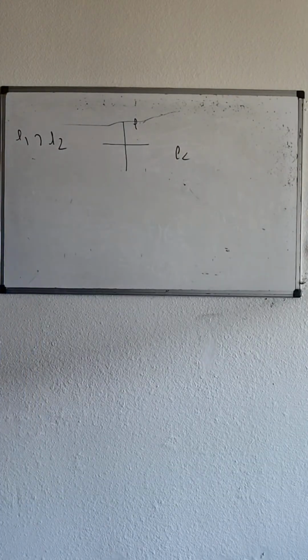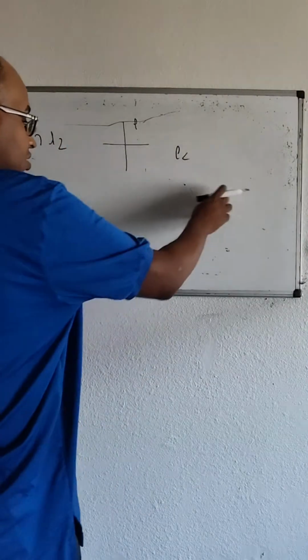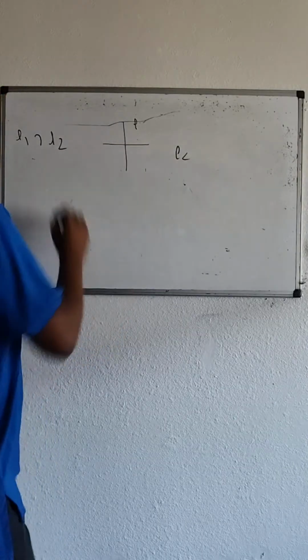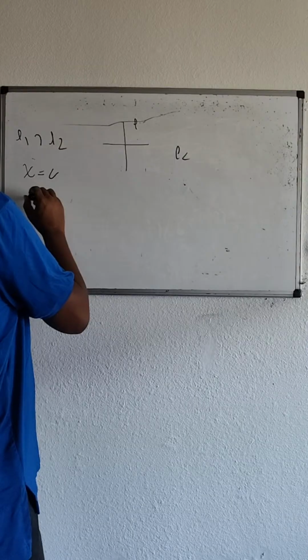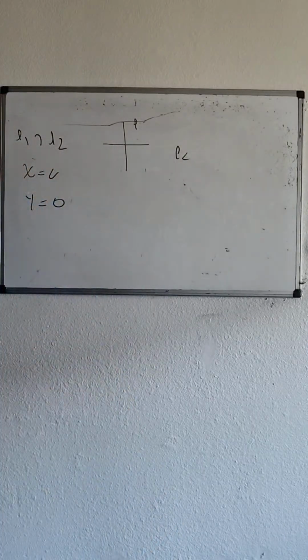So what do we know about perpendicular lines? This is on the 0. This is on the 0 as well. So you have x equals 0 and you have y equals 0. What does that tell us about these lines?